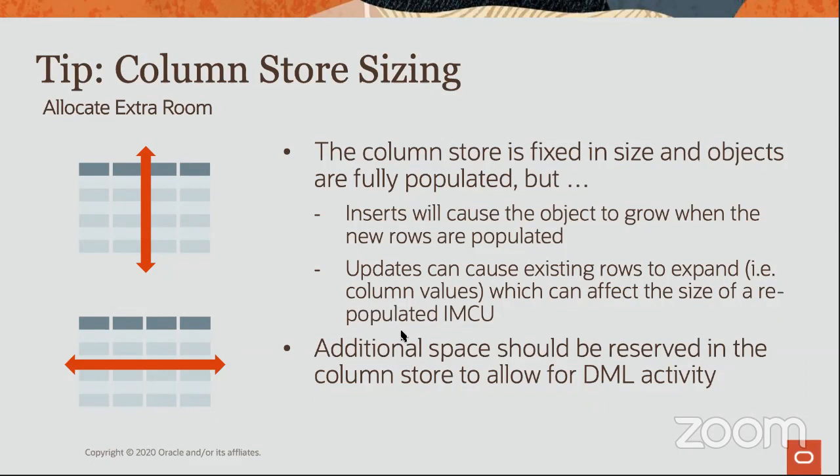So your application won't fail. Your application SQL won't get error messages. It'll run, but it won't run as fast as if the data is fully populated in the column store. So this is just one of those things that as a management type activity, as you populate objects and determine the best objects for your application to populate in the column store, you need to take into account their growth characteristics as well. Hopefully that's clear.